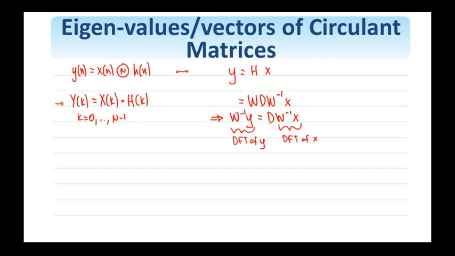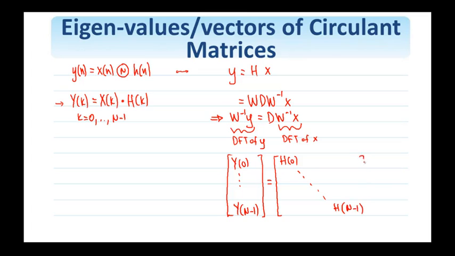So this vector gives me all the values of the DFT of y, and D is a diagonal matrix that has as its elements the DFT of H, so this is H0 to H n minus 1, and here is the DFT of X.